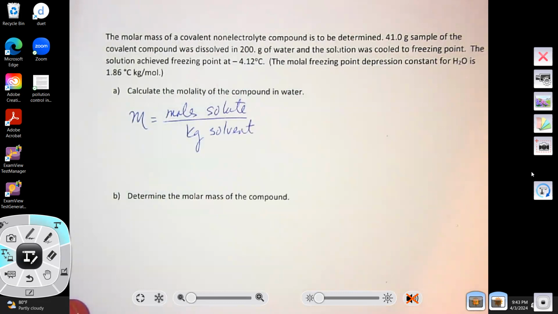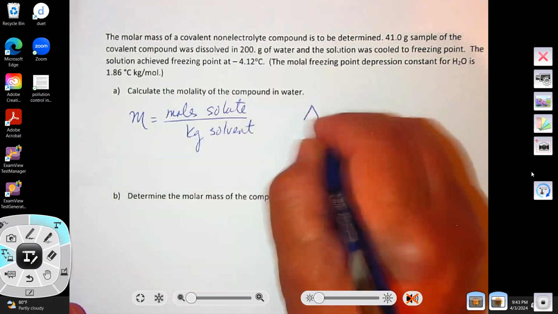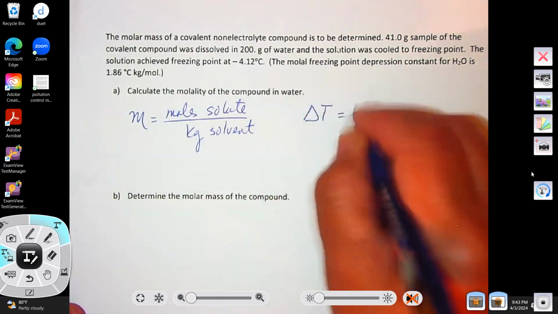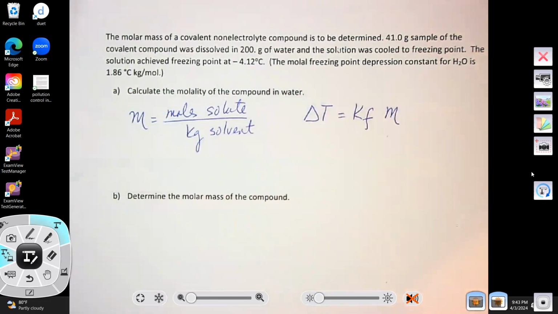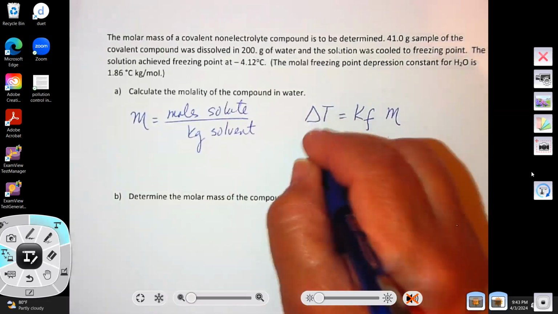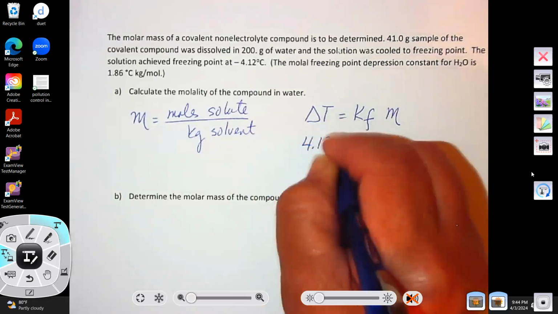So what is the other way to find molality? Well, we have the equation delta T equals KF times the molality. We do have the delta T because water freezes at 0 and it froze at negative 4.12. So my change in temperature is 4.12.